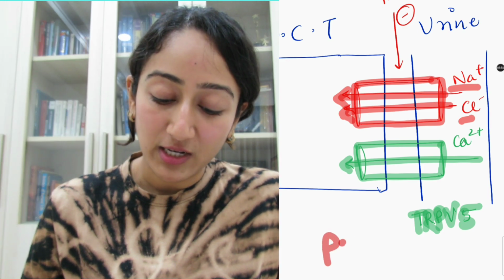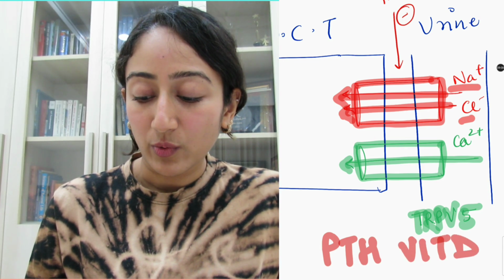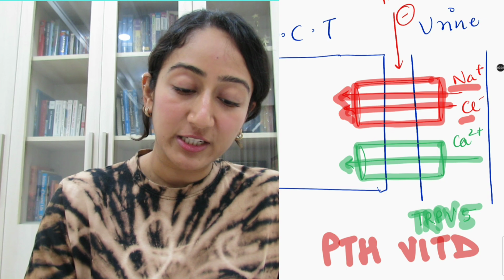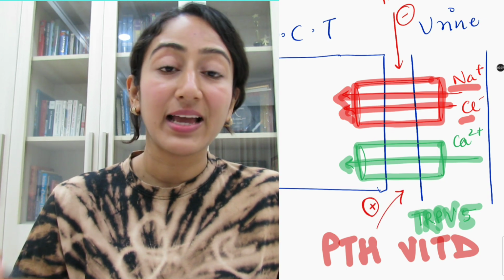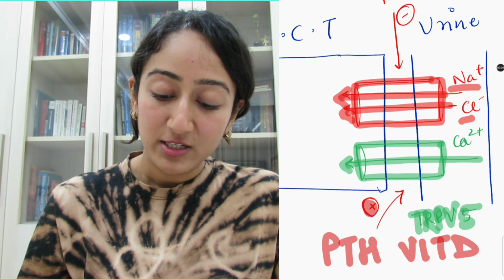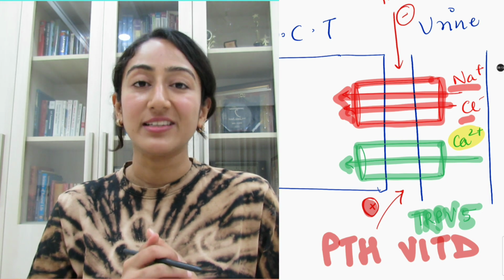These two hormones are parathyroid hormone and vitamin D. They activate this important channel, so that there is increased reabsorption of calcium in the body and the calcium level increases.